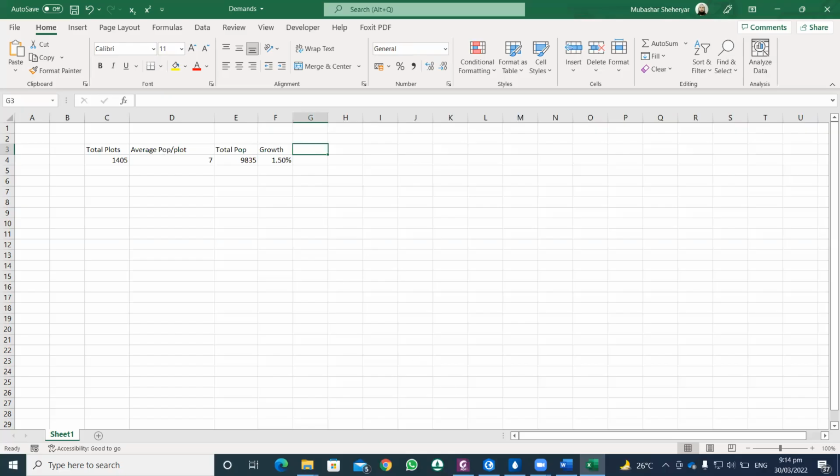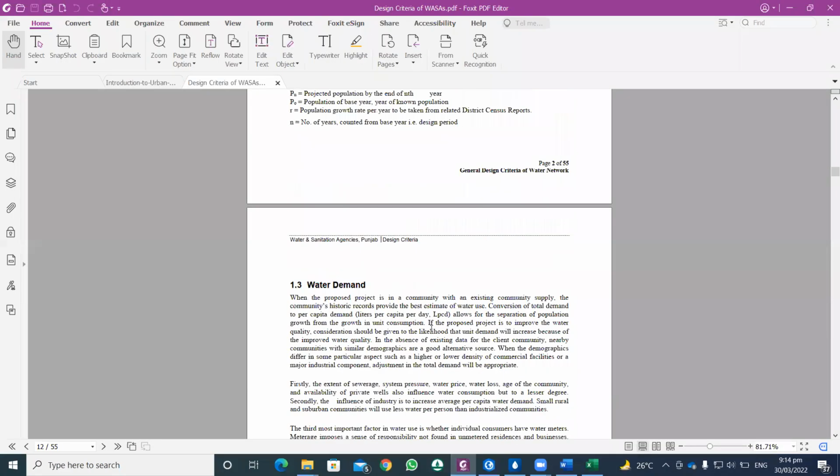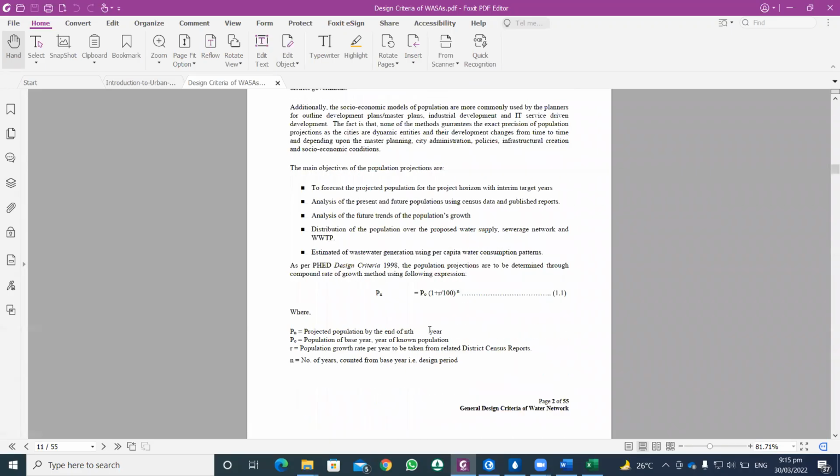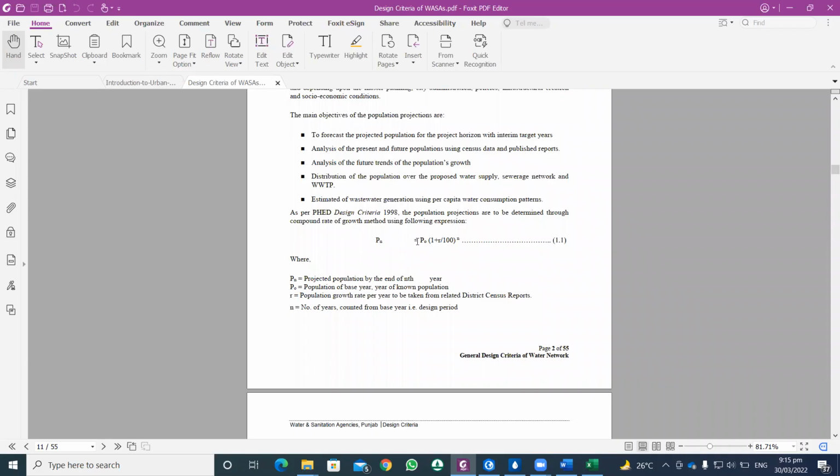According to WASA, I will be using the geometric growth formula for calculating the projected population. I'm assuming R is about 1.5% because I'm already considering that some of the plots are not constructed. About 850 plots are constructed, and there are about 1405 plots. So I'm assuming the high value. Therefore, I'm considering a lesser increase of population.